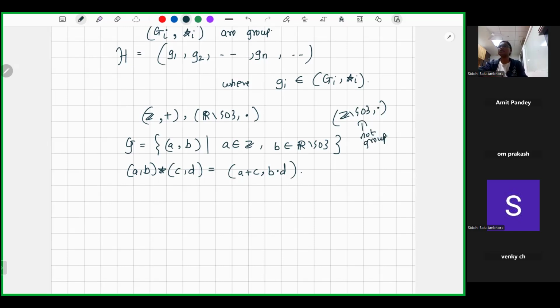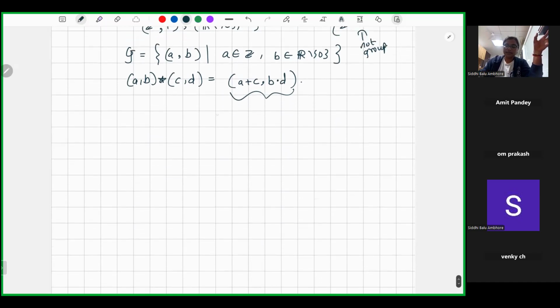Okay, is this okay? What I'm trying to say here is that at each component, we need to have a group. This will form a group. You can check. Here the identity will be 0 comma 1. For A comma B, the inverse will be minus A, B inverse.